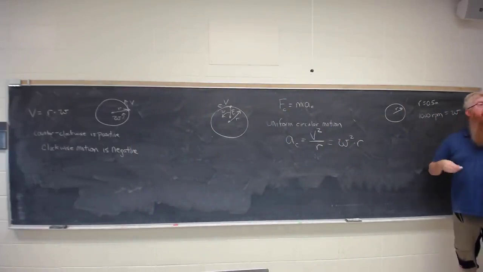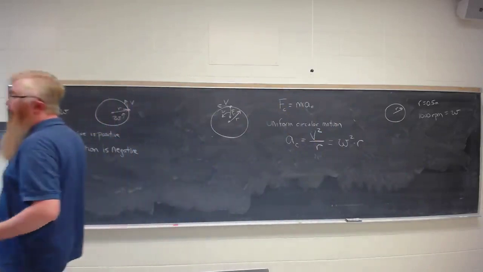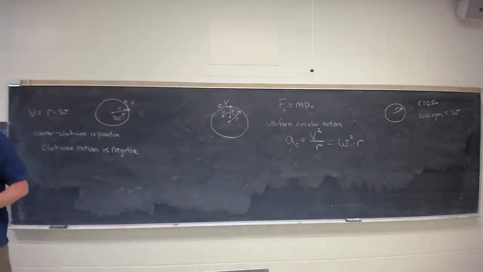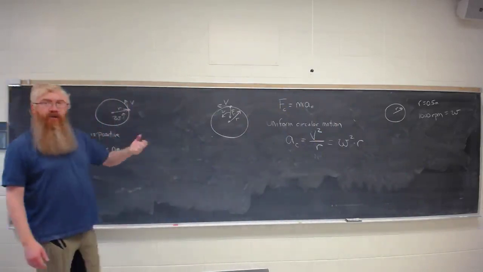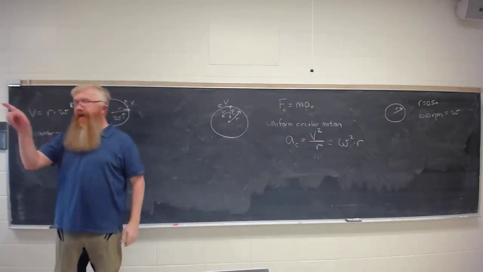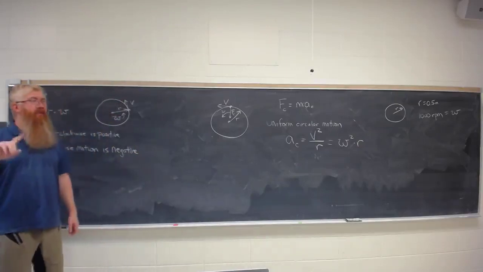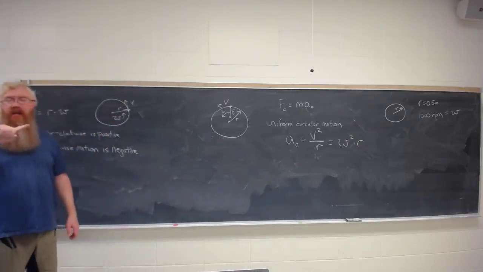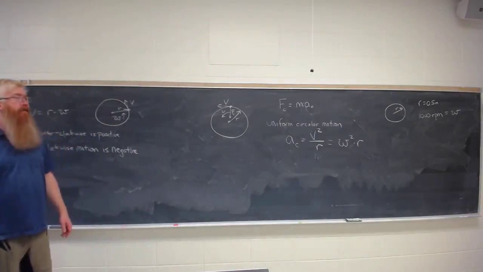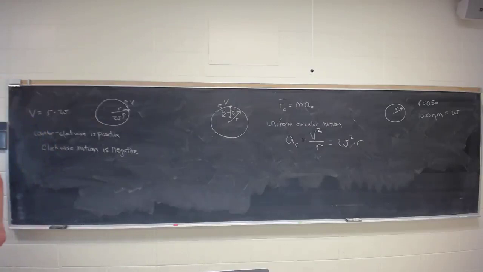Omega has to be in radians per second. So you have to convert RPM into radians per second. For rotational motion, that's probably the most common conversion you'll be doing. Because RPM is typical. If you have an engine gauge on your car, if you drive stick, or some automatics have it, it tells you the RPM of your engine. Rotations per minute is a typical way of talking about rotational speeds.